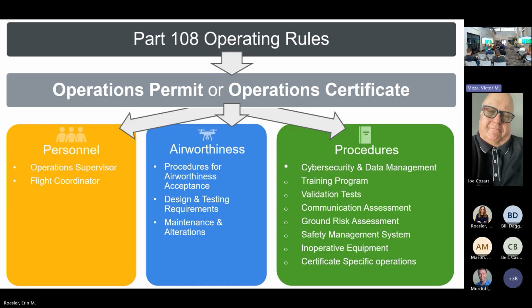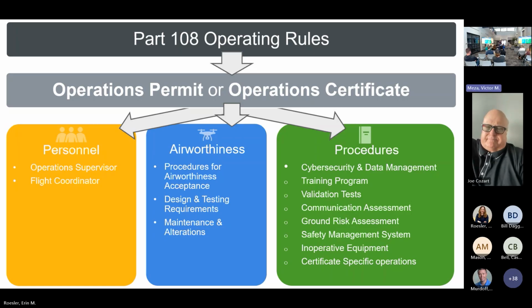It does, though, put all the onus on the operator. So that would be a company, an entity. It could be a single person. It's very difficult to meet the requirements of such, but it could be a single person operation. But it is on the entity, the operator, to meet the requirements as per their operating permit or their operating certificate.